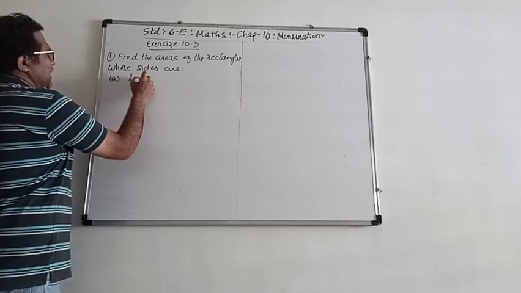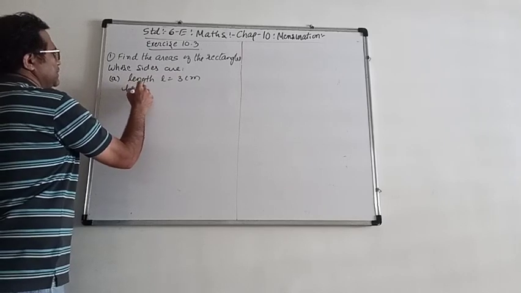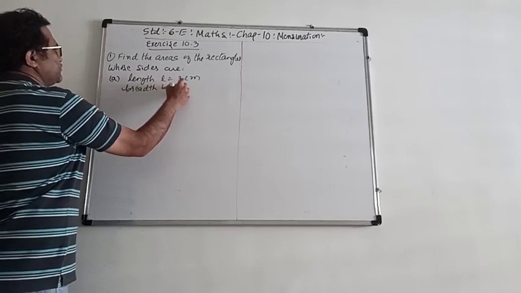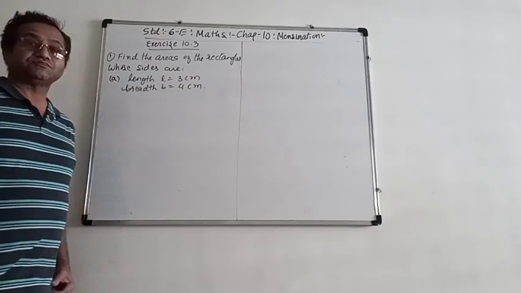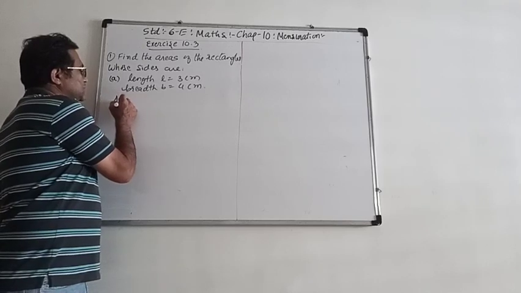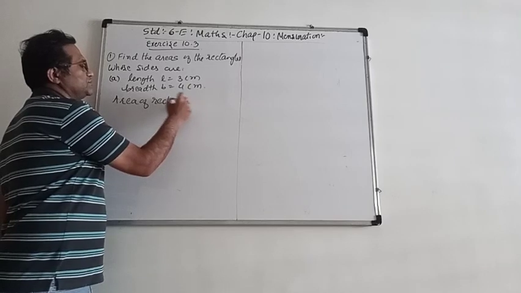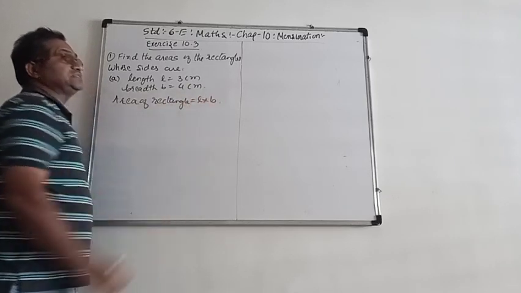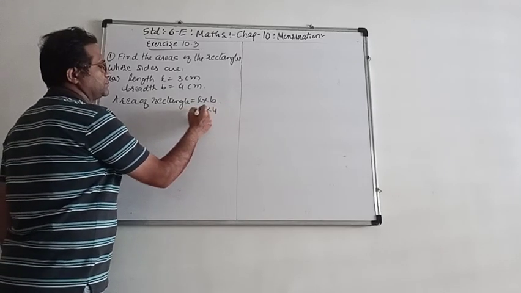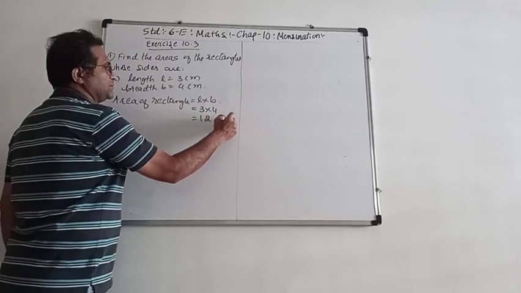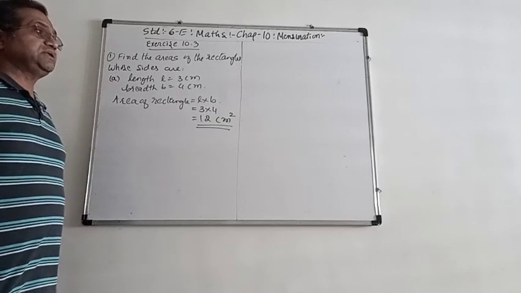So we can say length L is 3 centimeter and breadth B is 4 centimeter. Now we have to find the area. Area of rectangle is equal to length multiplied by breadth, that is 3 multiplied by 4. That is 3 fours are 12 centimeter square. Unit is important. Centimeter square.